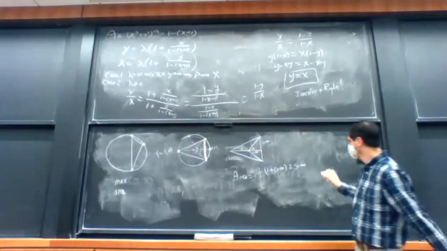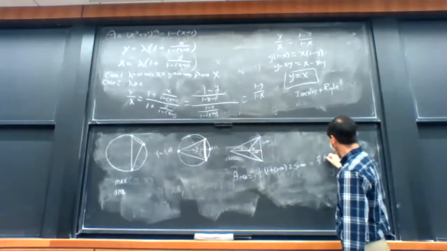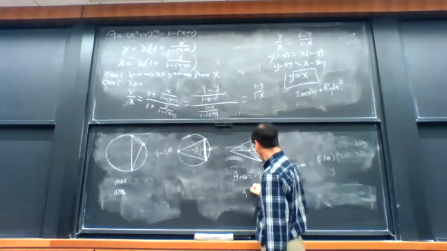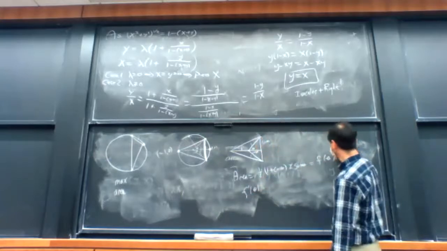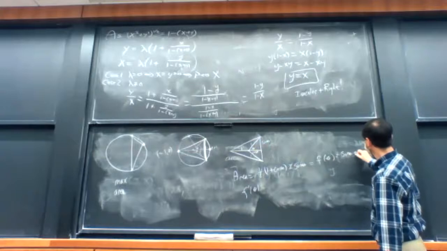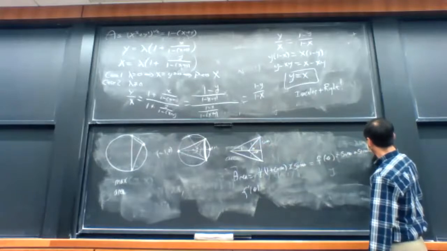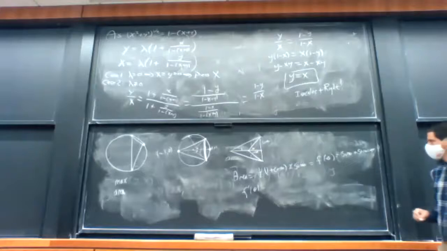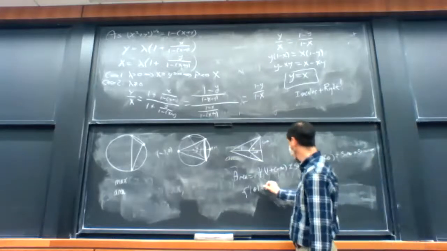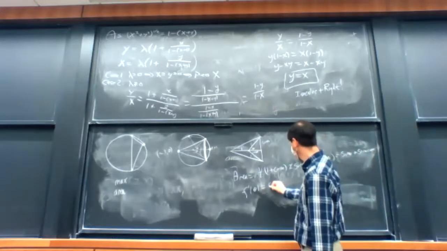So differentiate. So this is, say, f of theta. So f prime of theta, the 1/2 cancels with the 2. So this is just going to be sine theta plus sine theta cosine theta. And there's lots of ways to do the algebra here.